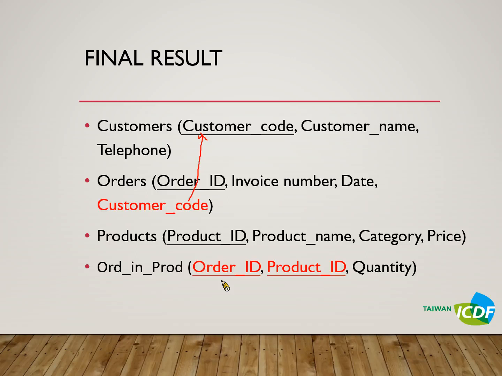After inserting the primary keys of the involved entity sets and the attributes attached to this relationship, we can successfully convert the includes relationship into a new table. And each tuple of this table can describe the fact of which order includes which products and its quantity.